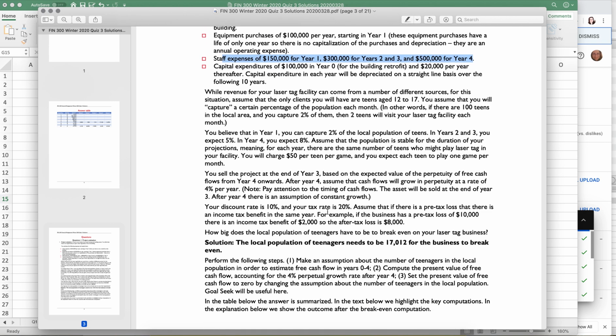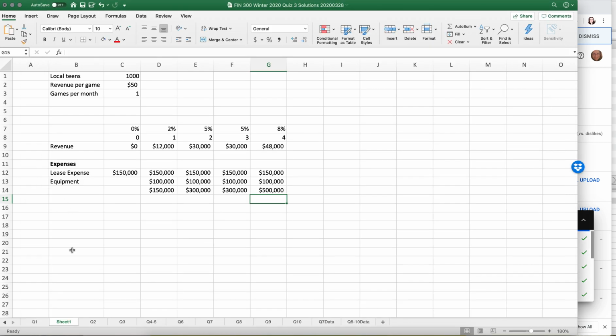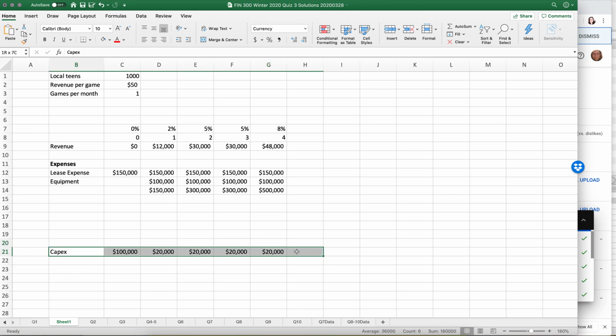We have CapEx of $100,000 in year 0 and $20,000 thereafter. We're going to put it down here. And again, the reason for putting the CapEx expenditures below the line is because you are not including that in your tax calculation. So we will want to include our CapEx as a cash flow change, but it doesn't change our tax calculation.